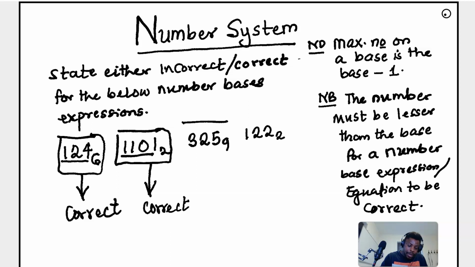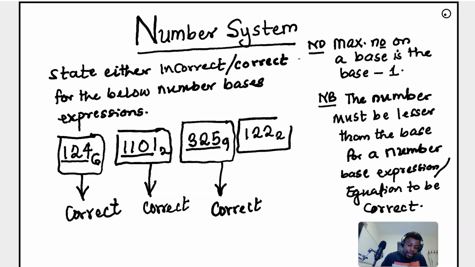The next one is this. The base is 9. All the numbers here are less than 9, which makes the expression correct. The last one here, the base is 2, but 2 is equal to 2.